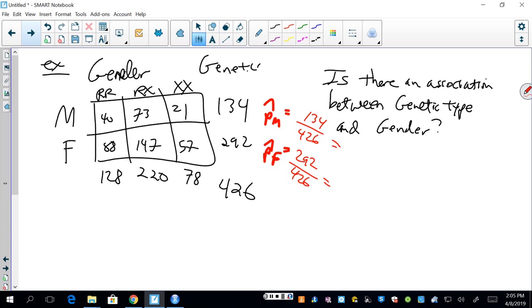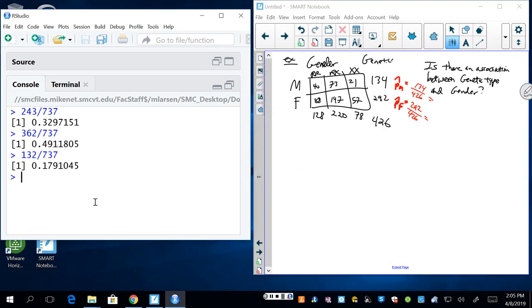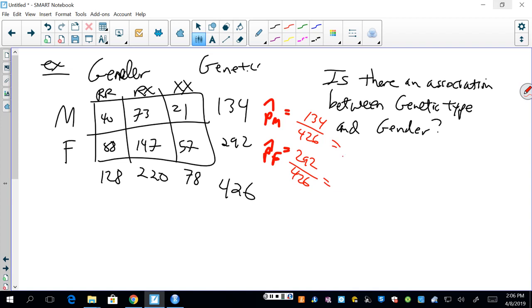And if you have those percentages, 134 out of 426, 0.315, say, and 0.685 for that. And so if there's no association, you'd expect the same percentage of males versus females in every genetic category. You expect that 128 to be divided 31.5%, 68.5%.